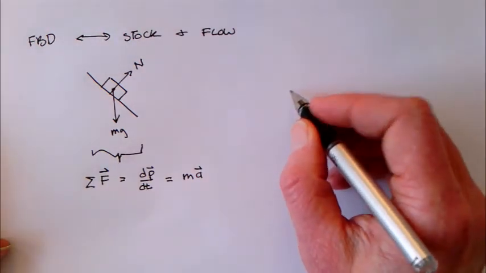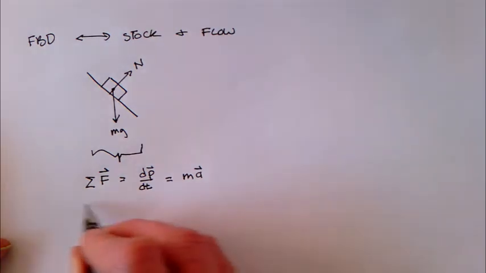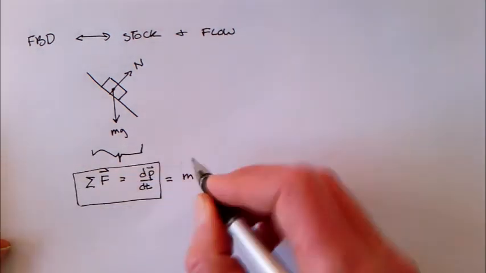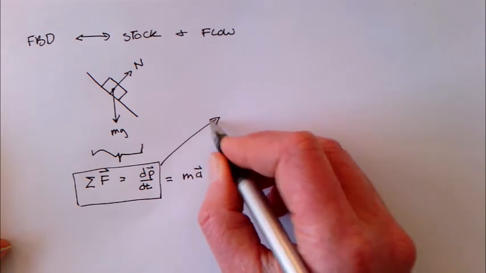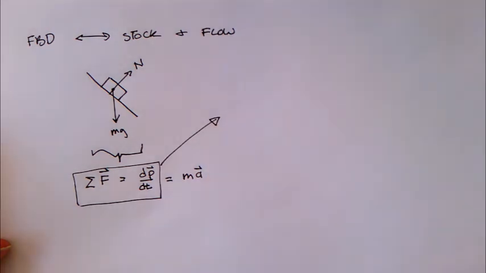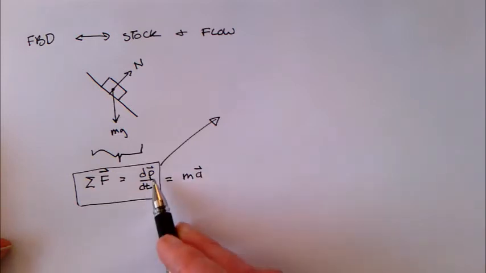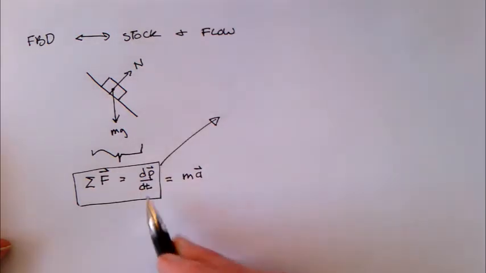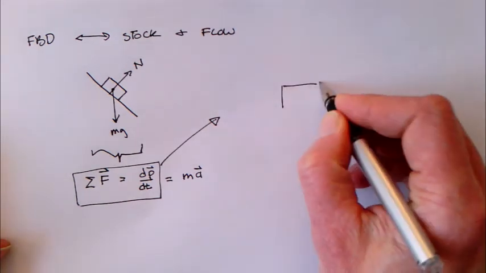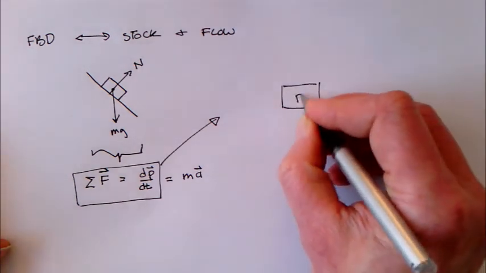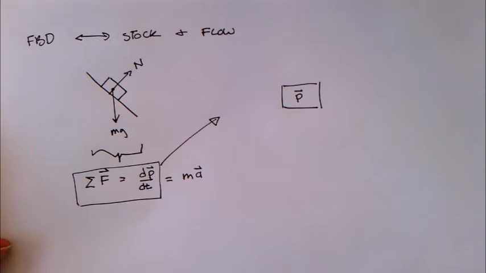Now there's another way we could represent the same idea. Instead of drawing a free body diagram, we could look at this differential equation and think about what that differential equation means from a stock and flow perspective. From a stock and flow perspective, what this differential equation is saying is that the momentum of the system, which is a stock, right? So this block has some momentum p, okay?